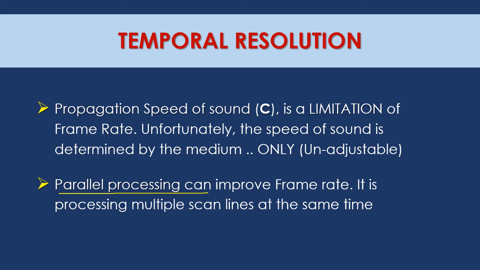For example, if the machine can process scan line number 1 and scan line number 51, then number 2 will be processed together with 52, number 3 with 53, and so forth.